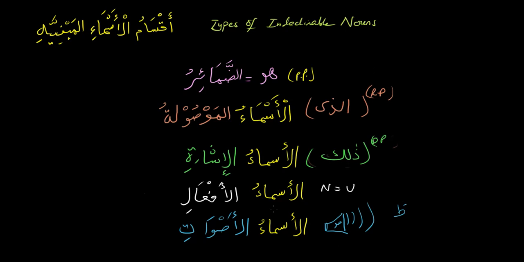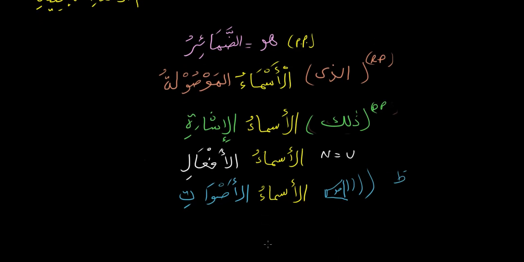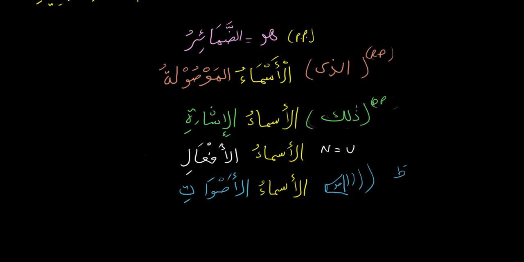If you notice here, al-asma'ul aswat are nouns that denote sound. There's a sound button here with a sawt in it. Aswat is going towards the za, because the next one is a zuruf.